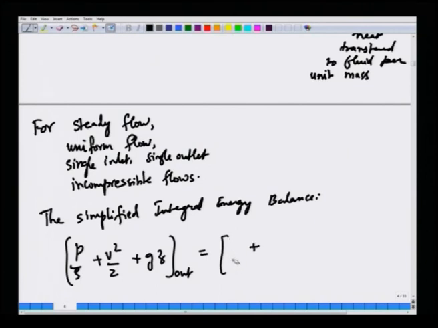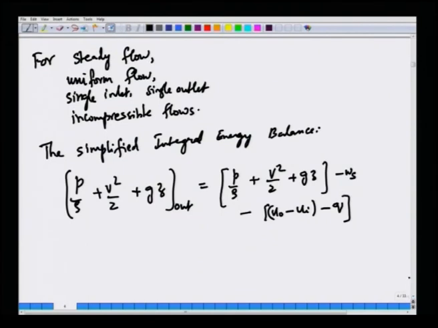Let me again start with P by rho here also, P by rho plus V squared by 2 plus G z minus W s, the amount of shaft work done by the fluid, by the CV per unit mass of the fluid, minus U out minus U in minus Q. Okay.